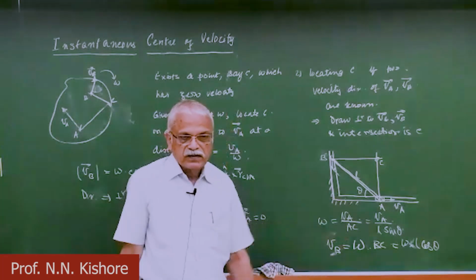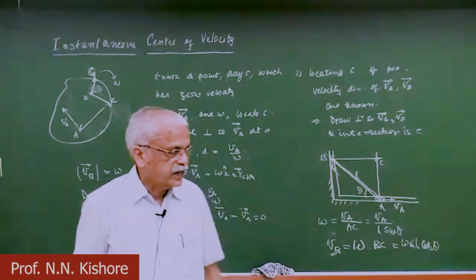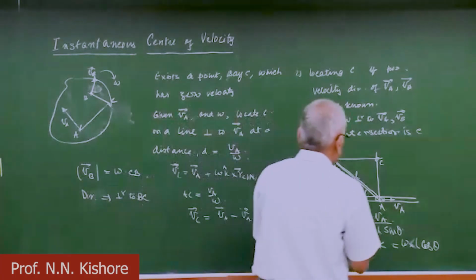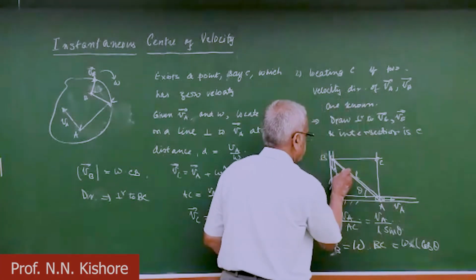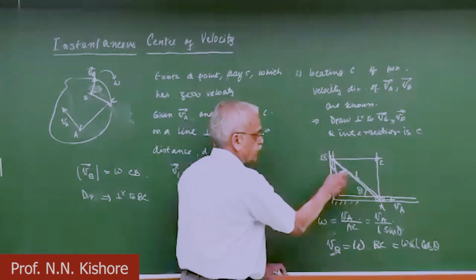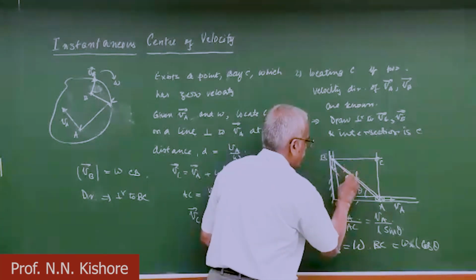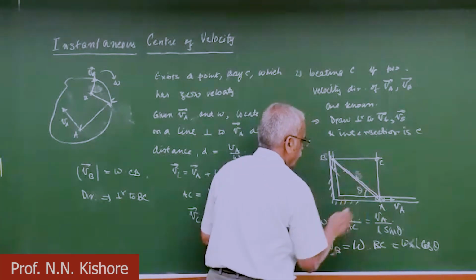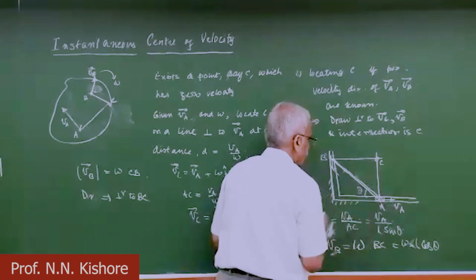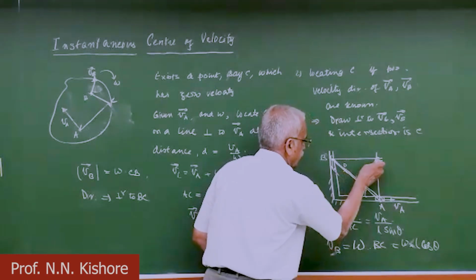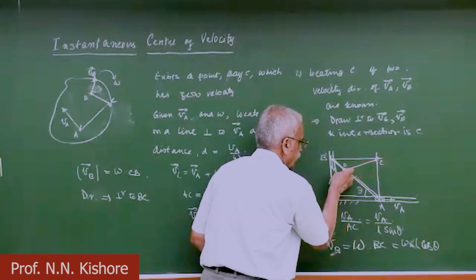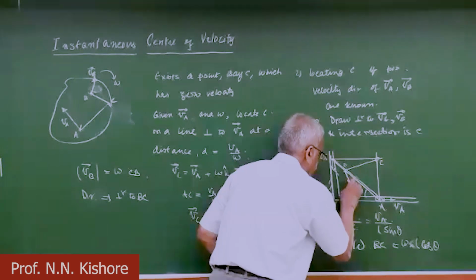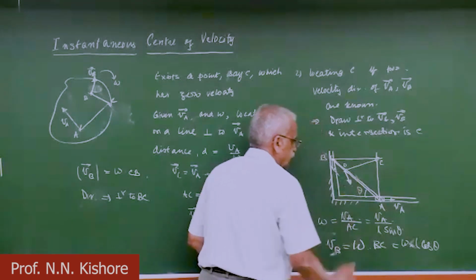For that matter, you can even calculate the velocity of any other point. For example, if you have a point here, some point D, the velocity of D will be like this.